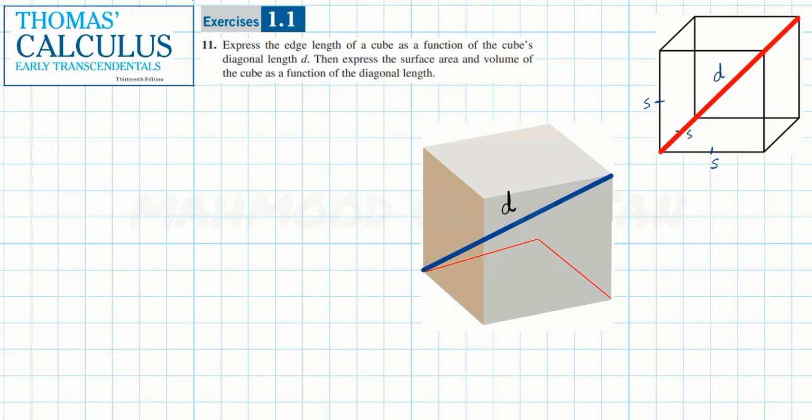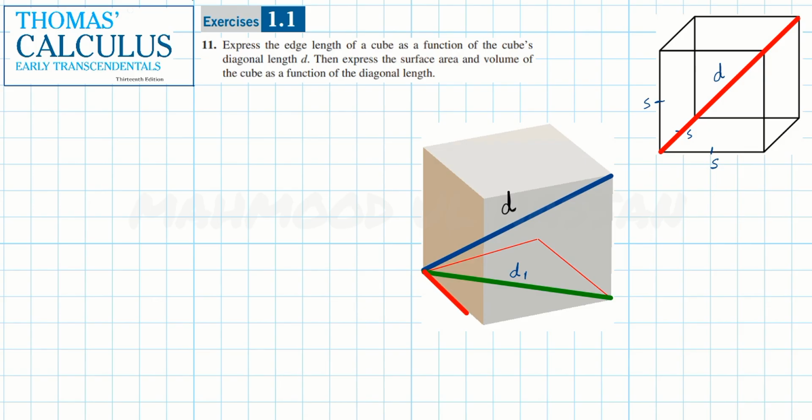We have to join this vertex to this one. So this is the diagonal of the base. Let me suppose the length of the diagonal of the base is d1. Now how do we find d1 here? Again we have to use the Pythagorean theorem.